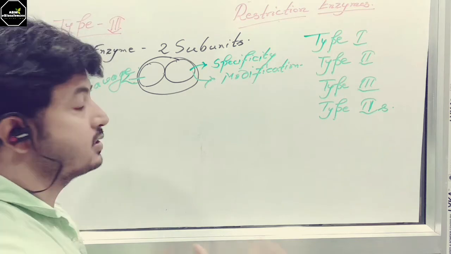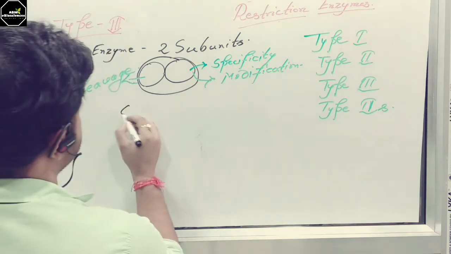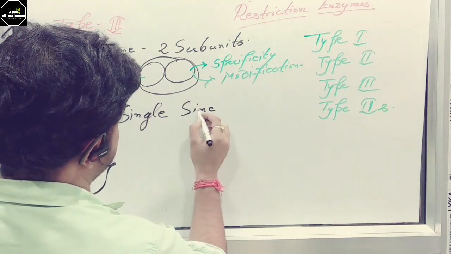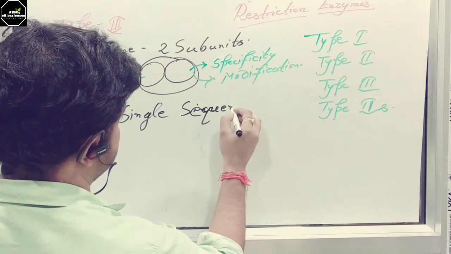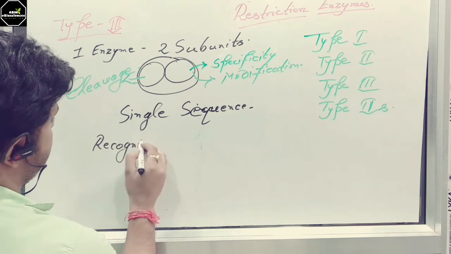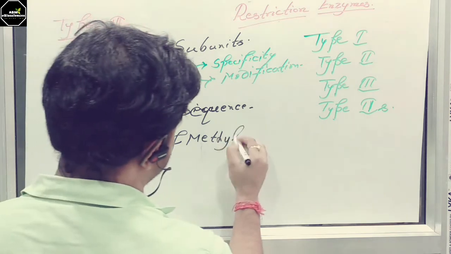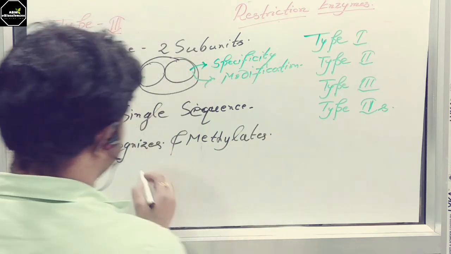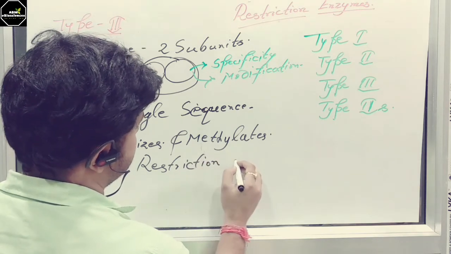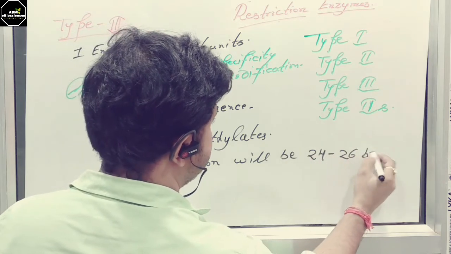So type 1 enzymes have three subunits, but this one has two subunits. It will recognize a single sequence. It recognizes and methylates the same sequence, but restriction will be 24 to 26 bp away.